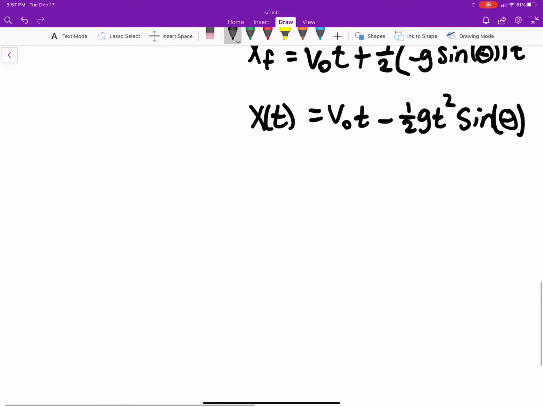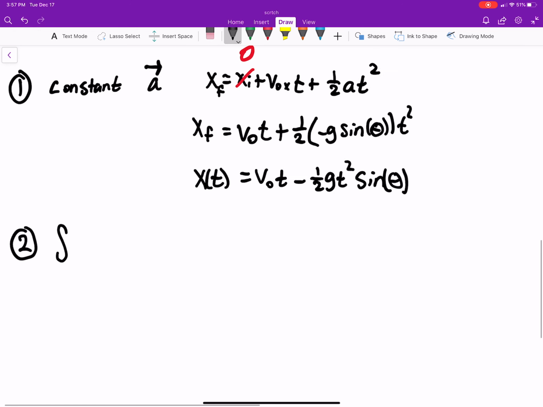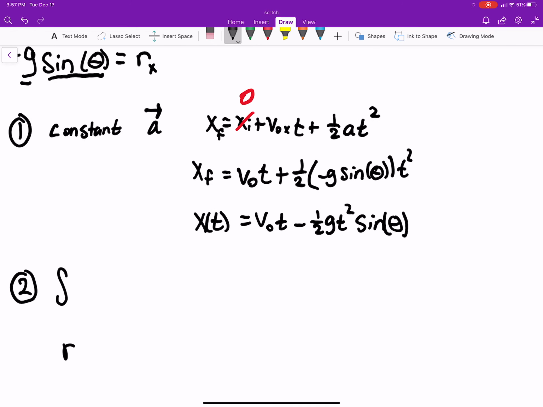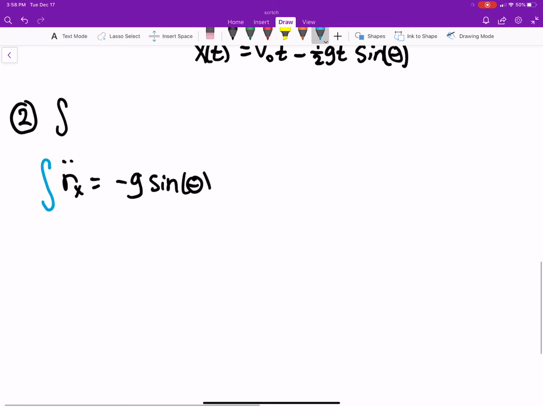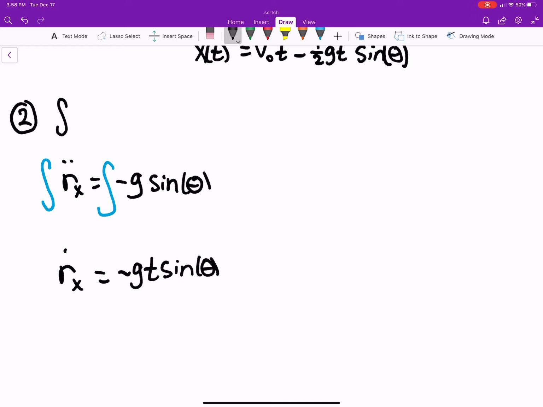The other way to do this is integrating. So if we know that r double dot is equal to minus g sine theta, what we can do is integrate both sides with respect to time, and you'll get the first derivative of position is equal to minus g t sine of theta plus an arbitrary constant.